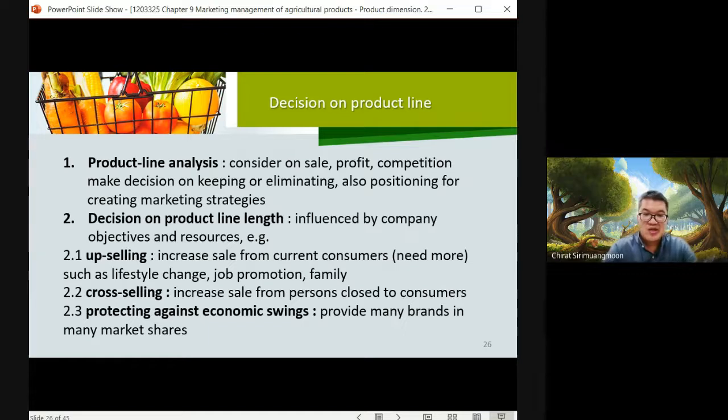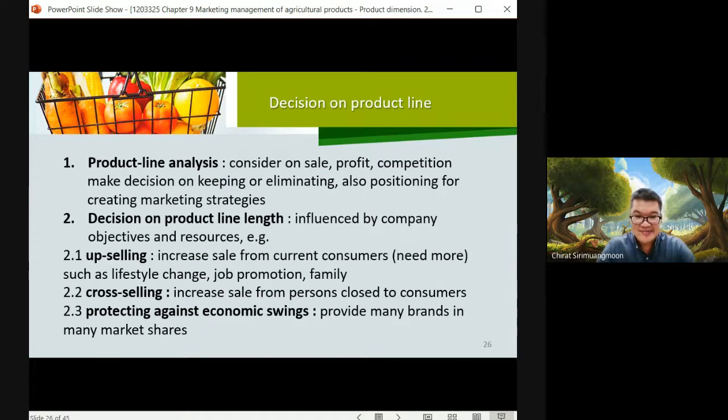If you want to increase the sales from the current products, you need to think about what product you need to create to serve consumers who have a new lifestyle, job, or family. Of course, if you need to increase the line length, with more products, think about how consumers change. For example, they love more healthy products, so you need to add more products in the line.